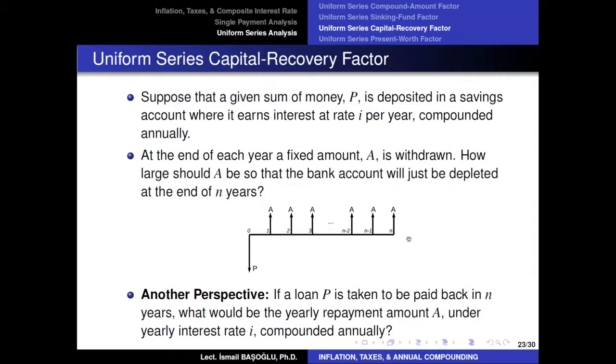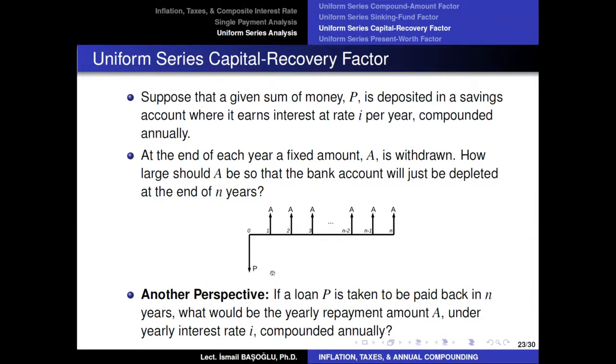So there is an installment plan, a payment plan which consists of n installments at the end of each year, and the bank is going to make you pay an installment of size A at the end of each year.